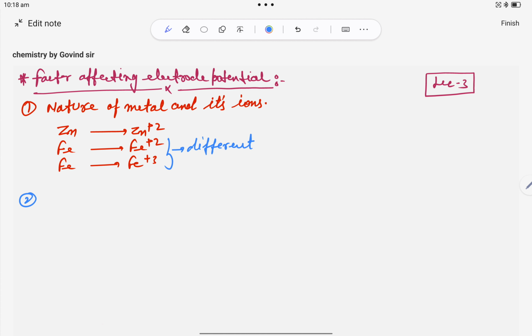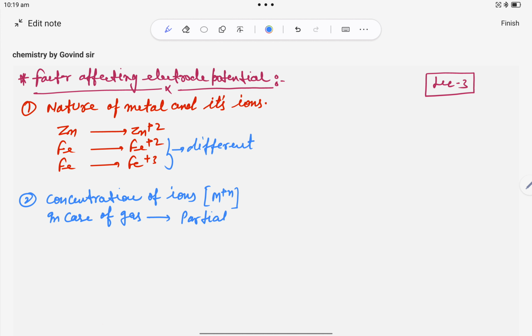The second point is it depends upon the concentration of ion. In case of gas, there is no concentration.